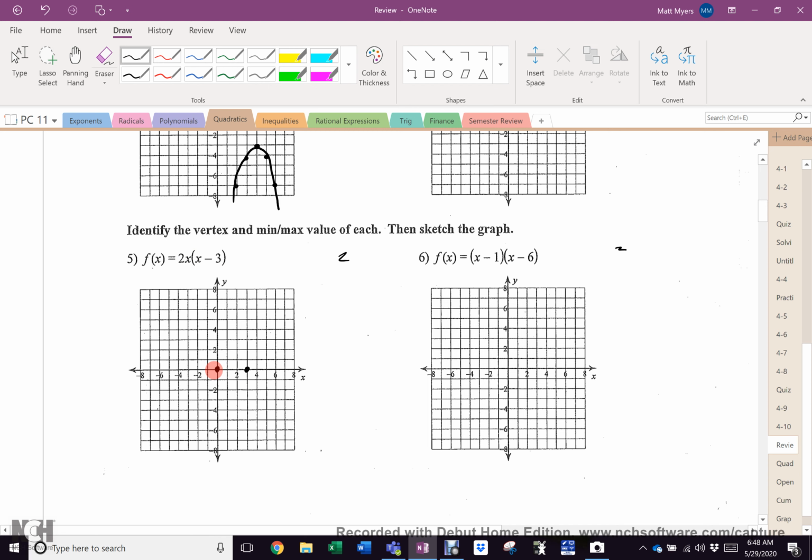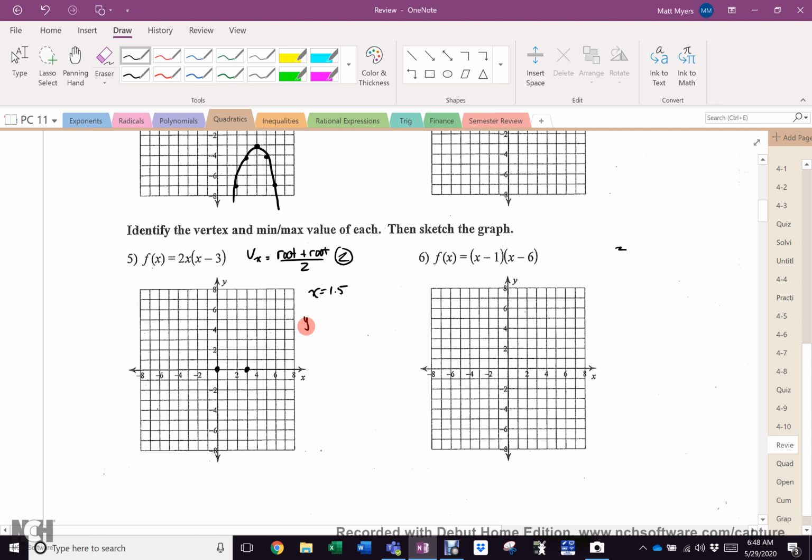Because remember, the vertex x equals, I can't remember what letters I use, so I'm just going to say root plus root divided by 2. So 3 plus 0 is 3, divided by 2 is 1.5. So x equals 1.5. Then I sub it back in there.